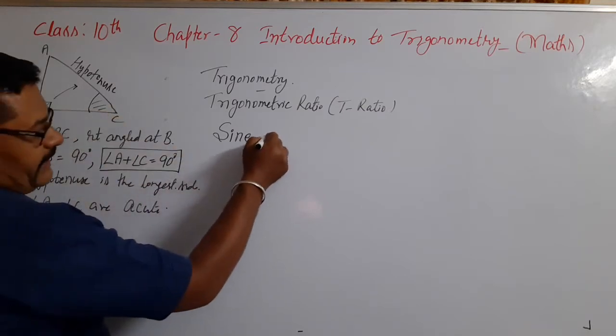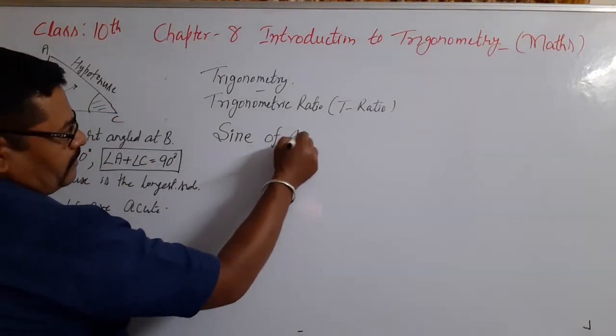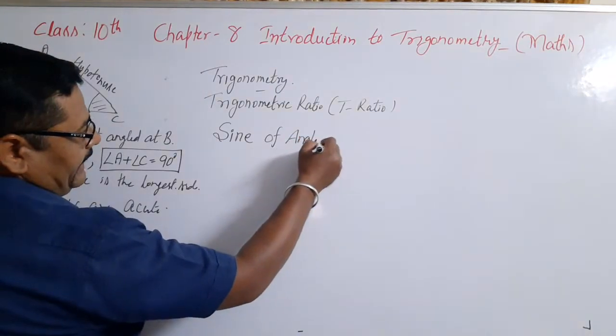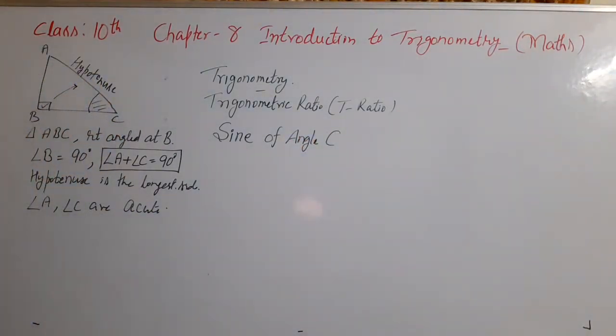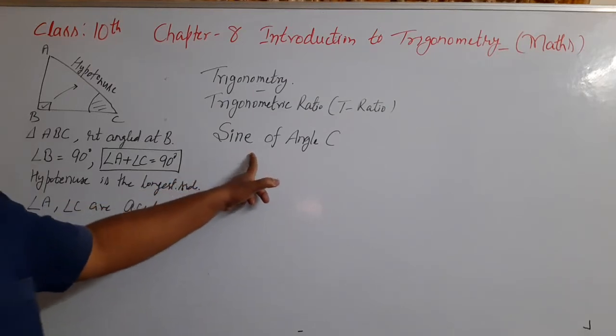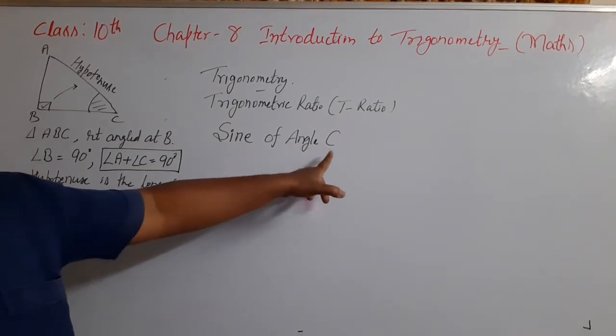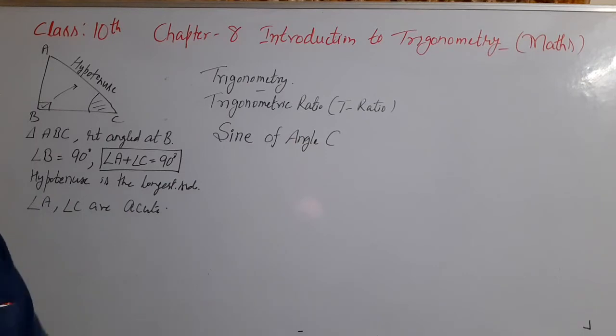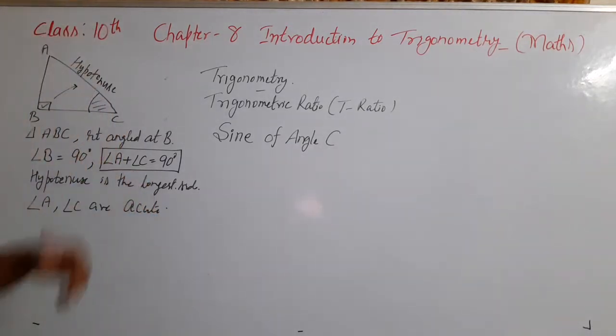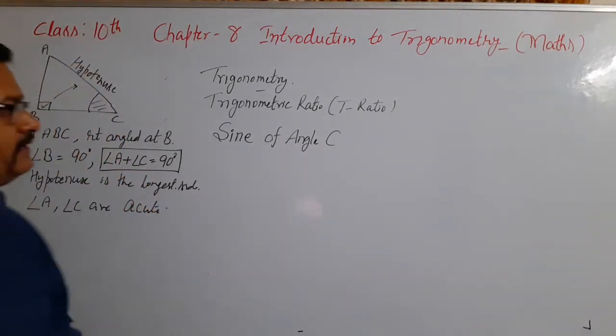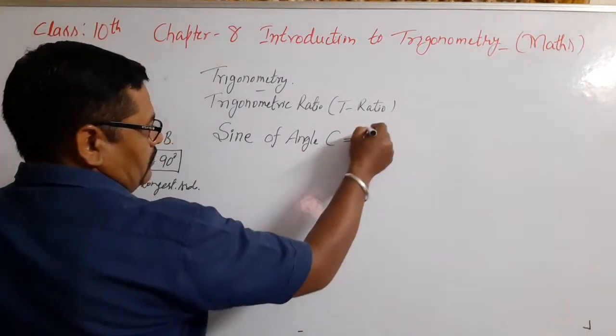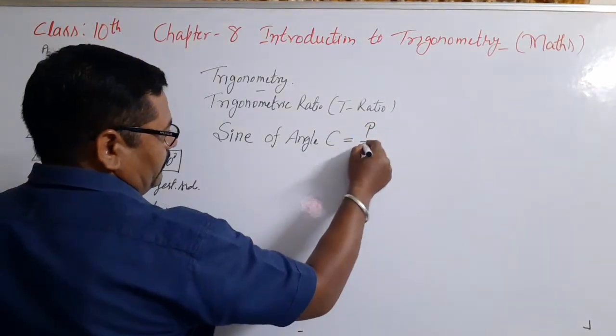So I am writing sine of angle C. The first trigonometric ratio is sine with respect to any angle, sine of angle C, and it is equal to the ratio of two sides of this triangle. Which sides? It is equal to perpendicular upon hypotenuse.